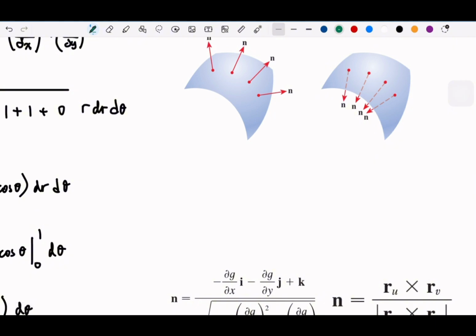So for any orientable surface, there are only two possible orientations.